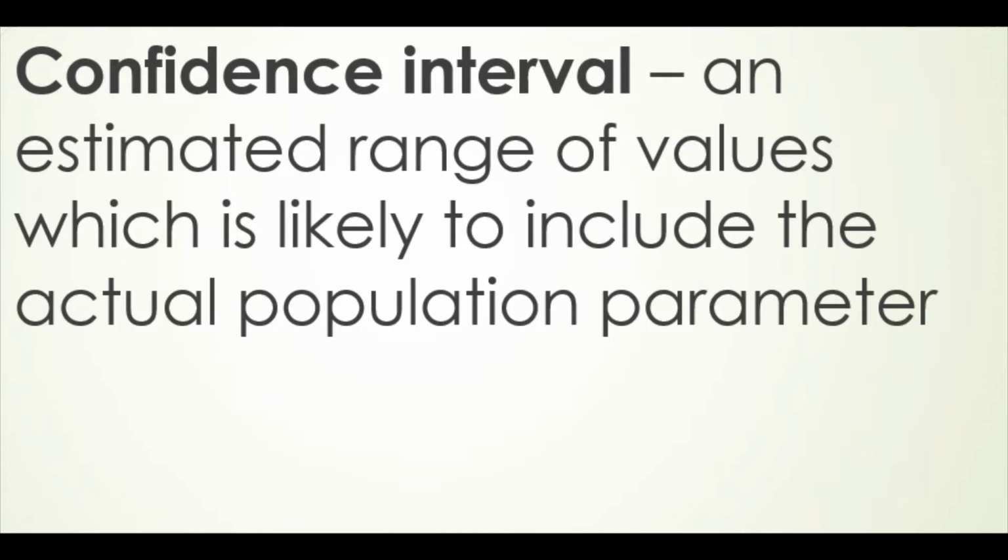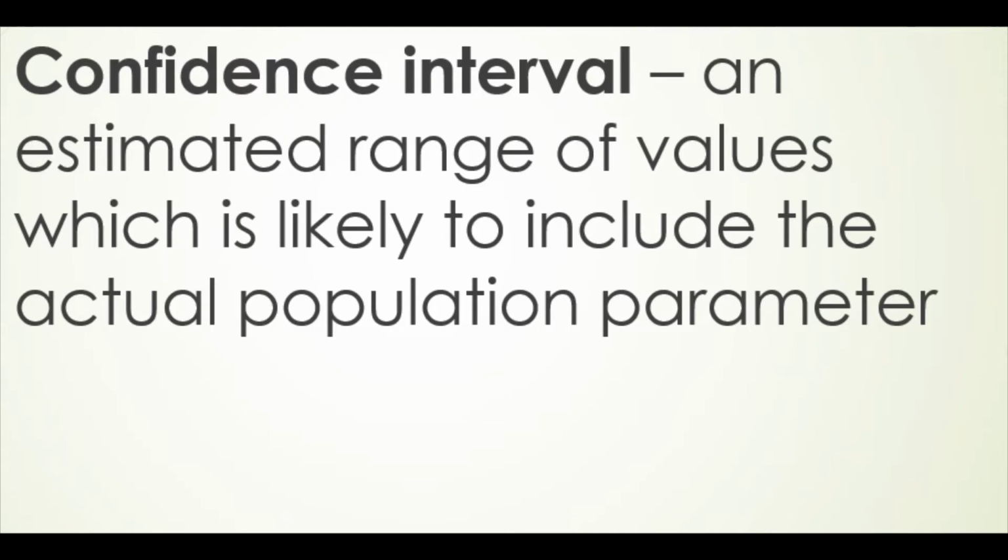So the confidence interval is an estimated range of values which is likely to include the actual population parameter. So remember, we've come up with a sample statistic, which is the result of our survey, but the population parameter is what our actual result would be if we were able to ask every single person in the population.